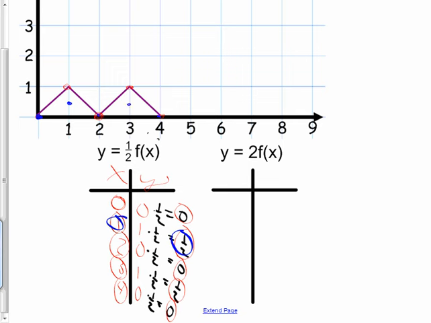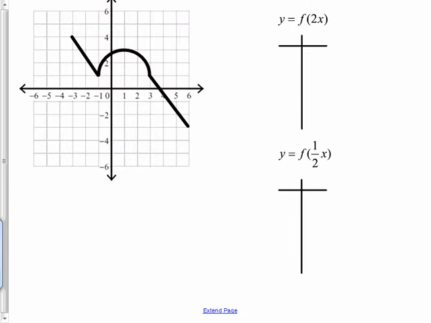Now, why go through all that work on a table like that? Because you could just go through and double everything or cut everything in half and do it by seeing it. I see, it's half as tall as it used to be. But you're going to be doing problems like this. And it's really hard to say how this should look if it was half as wide. It's really hard to know exactly where to graph it.